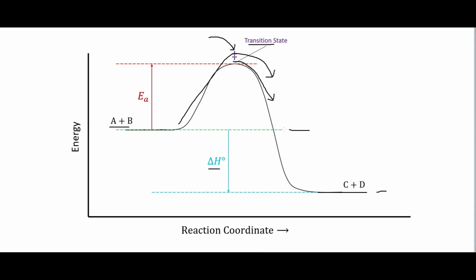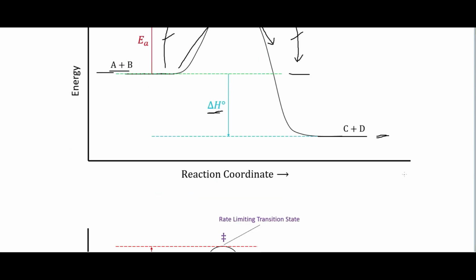We don't count the activation energy of that because that is a wash. We're adding energy in to get up there, and then we are releasing energy, but this cancels out with that. So the delta H is just the difference between the reactants and the products.